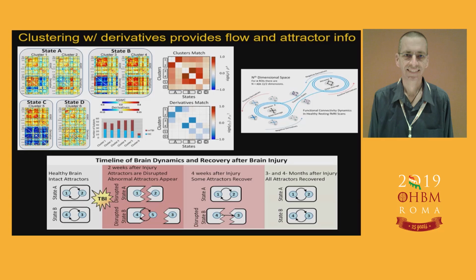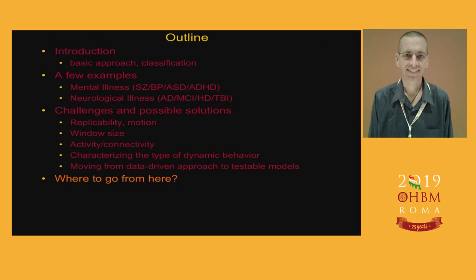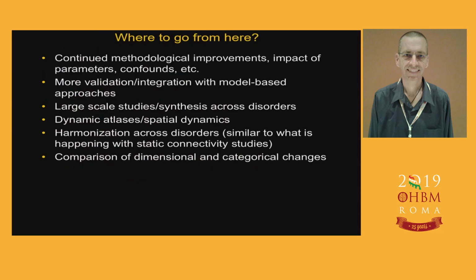If we look at 2 weeks after injury, we see that those are decoupled from one another. 4 weeks after, we start to get partial recovery, and then 3 to 4 months after we have full recovery. So it gives us, I think, some really interesting ways to start to understand where the brain is disordered and to look at recovery. So where do we go from here?